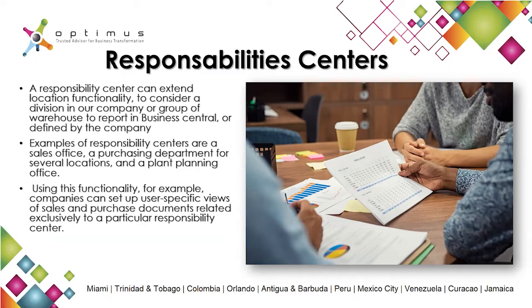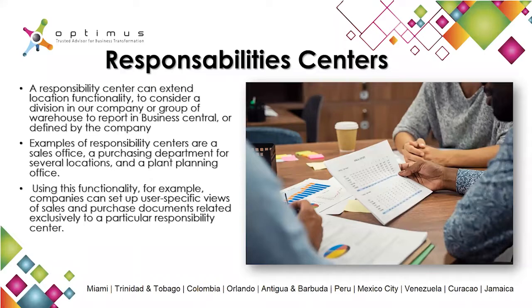So maybe I would like to consider that in Mexico, one of my branches has different stores. So we have the responsibility center in Mexico, but also maybe my company is in the Caribbean. So the same company has different responsibility centers.